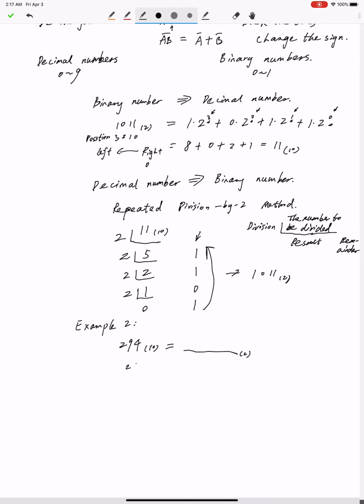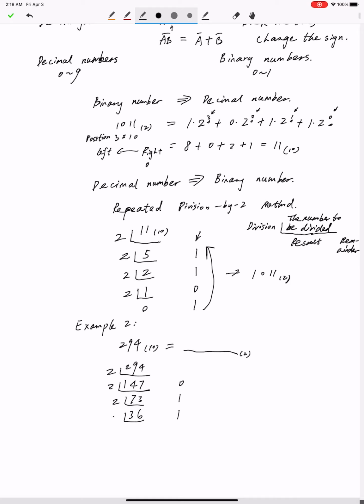So we can divide 294 by 2, and that is 147. Remainder is 0. And 147 divided by 2, the result is 73. Remainder is 1. And 73 divided by 2, result is 36. Remainder is 1.